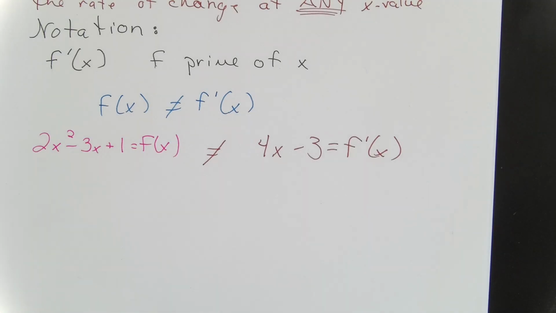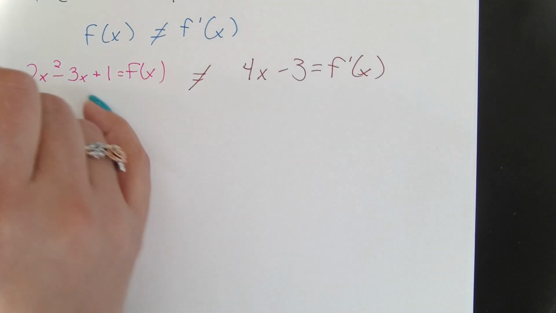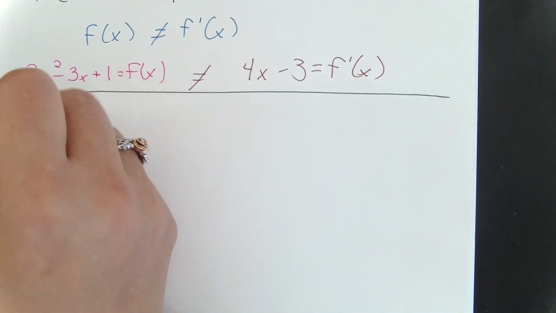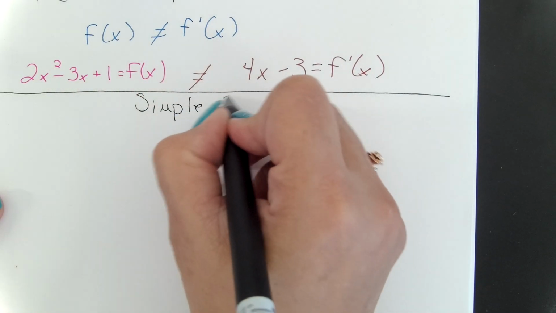So to find a derivative without doing the instant rate of change formula, we are going to start with 2 rules. These are the simple rules of derivatives.